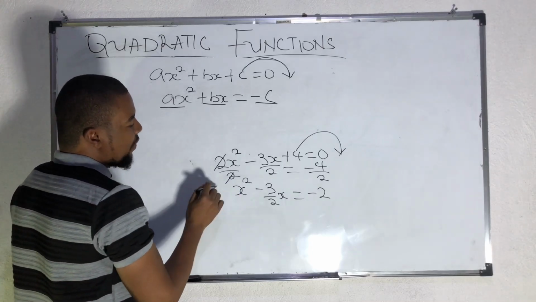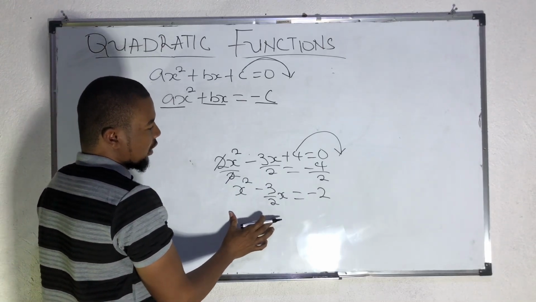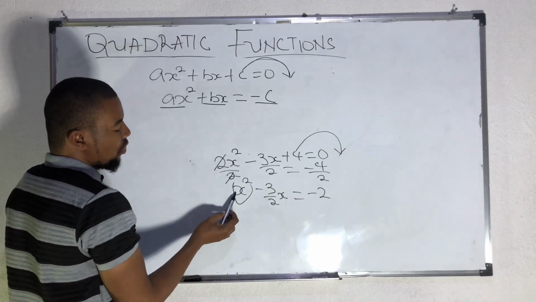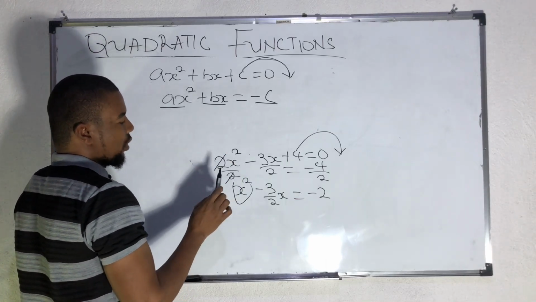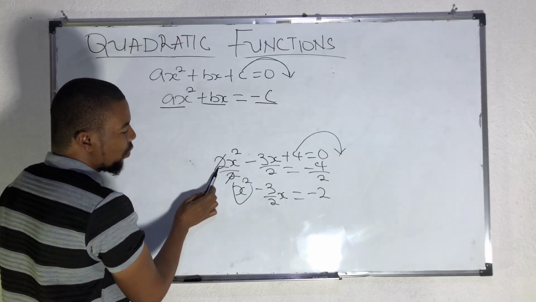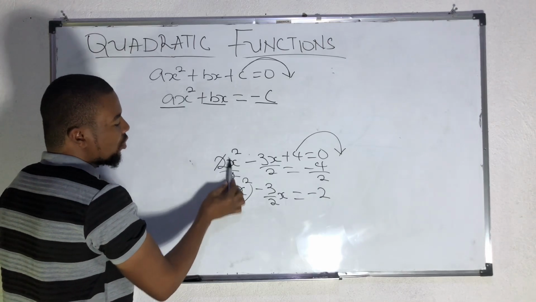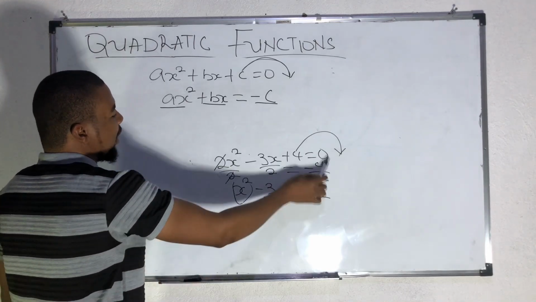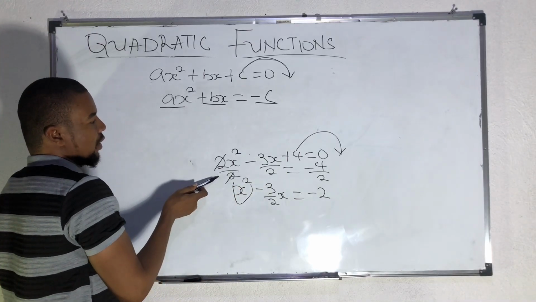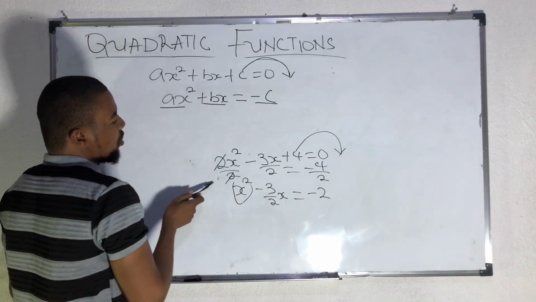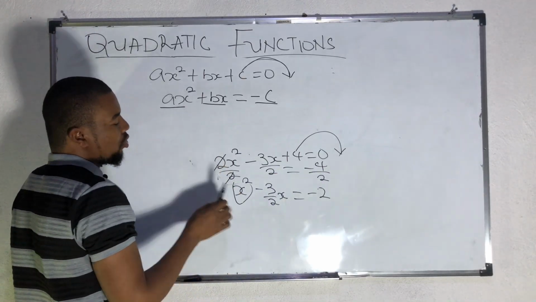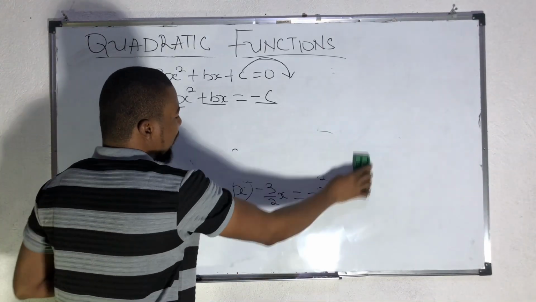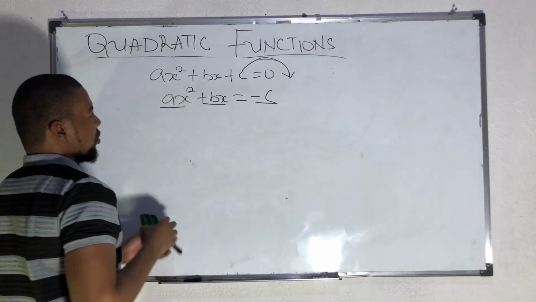So whenever you are asked to complete the square, you are going to make sure that the number in front of your x squared is always 1. If your a is greater than 1, you must divide the entire equation by your a. Your a is 2, so you must divide everything by 2 in order to make your a equal to 1.